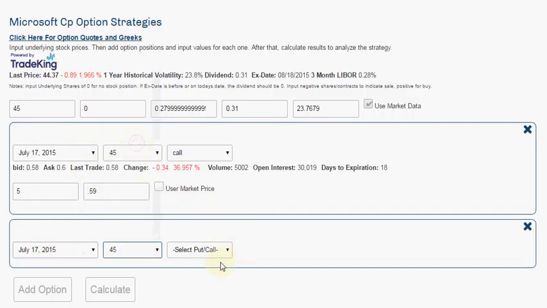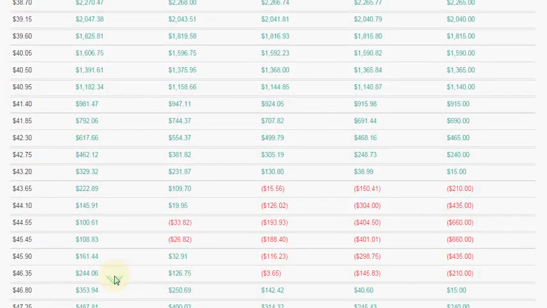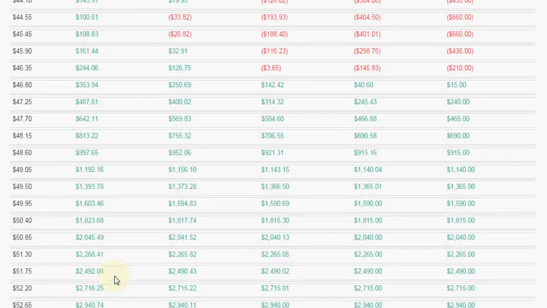We give you pretty much all the inputs and everything that you need. You can make your own little assumptions here. So what you have here is your own long straddle on Microsoft, and you can see how that potentially could play out.